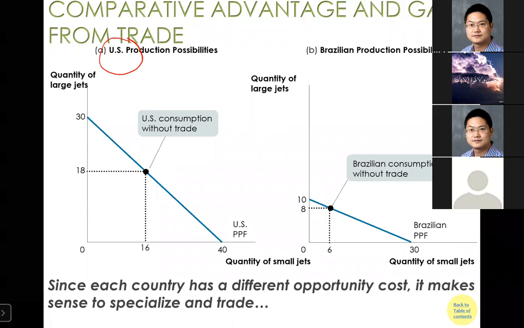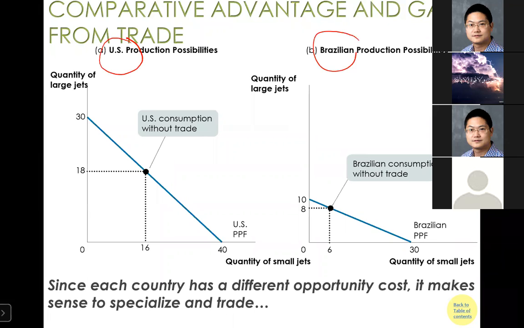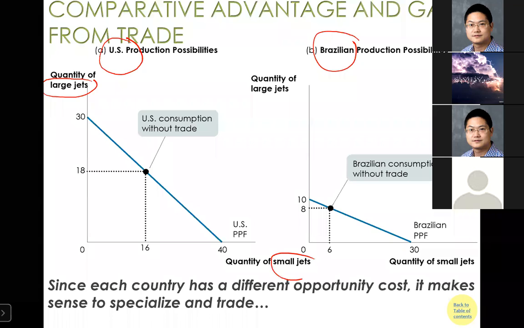One is the United States, the other is Brazil. In these two economies, they are going to produce two goods: one is a larger jet, the other is a small jet. Both countries have the ability to produce both goods, but with different technology.